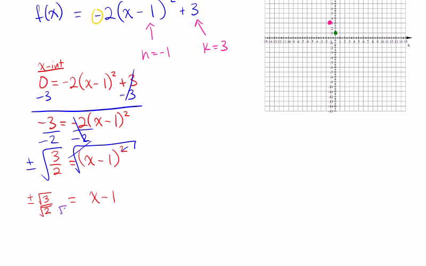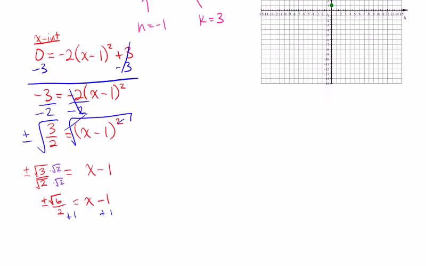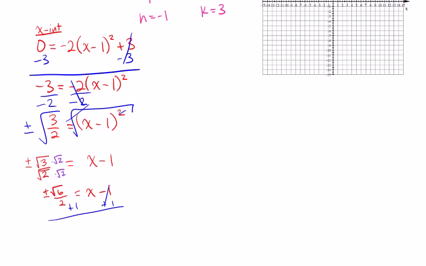So we could multiply by √2 on top and bottom until we get plus or minus √6 over 2. We could add 1 to both sides. Now, technically, you don't have to do that here because we're just going to graph it anyway. So if you wanted just to keep it as √3 over √2 and plug that in your calculator, you could do it that way. So we get 1 plus or minus √6 over 2 equals x.